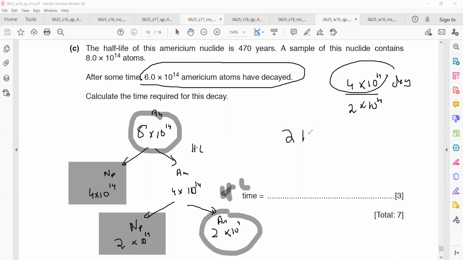They are taking 2 half-lives. So if one half-life is 470 years, then for 6 exponent 14 atoms of americium to decay, it will take 940 years. Is it clear?